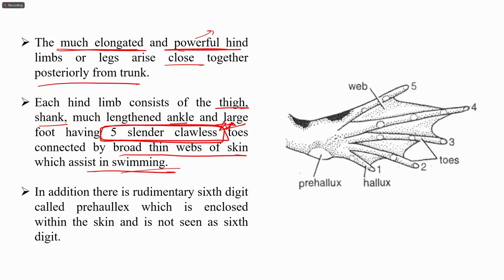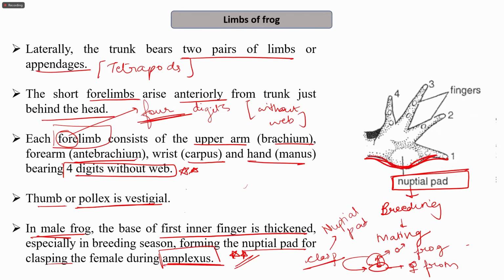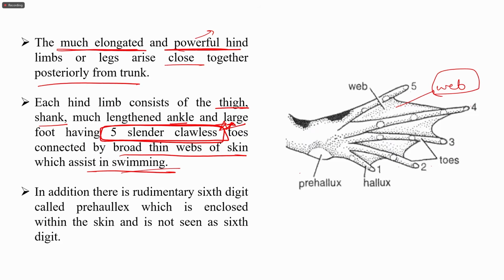This web-like structure, which you might have seen in the feet of the duck also, is nothing but skin present in between the different toes. So there are 5 digits, and as I mentioned, in the forelimb the thumb or pollex is vestigial.